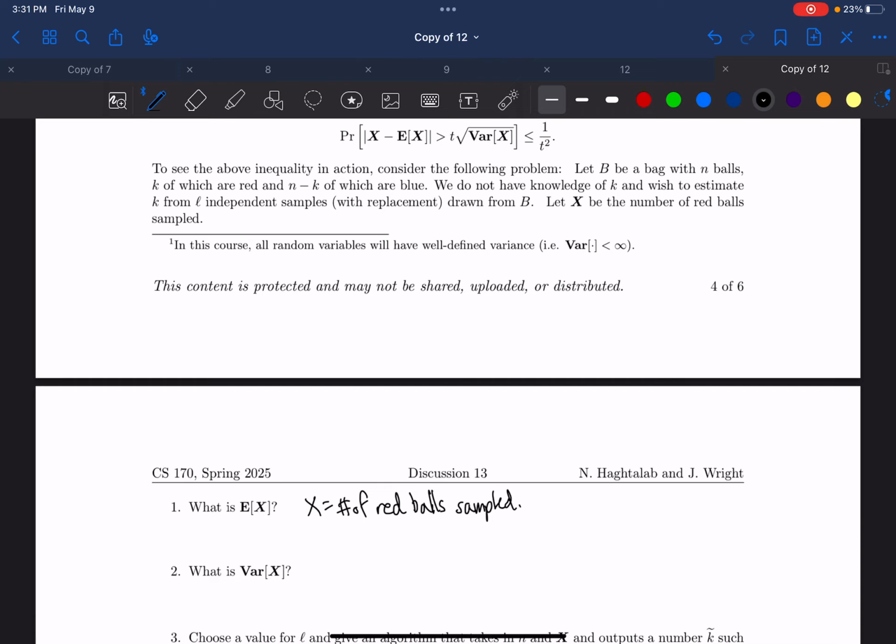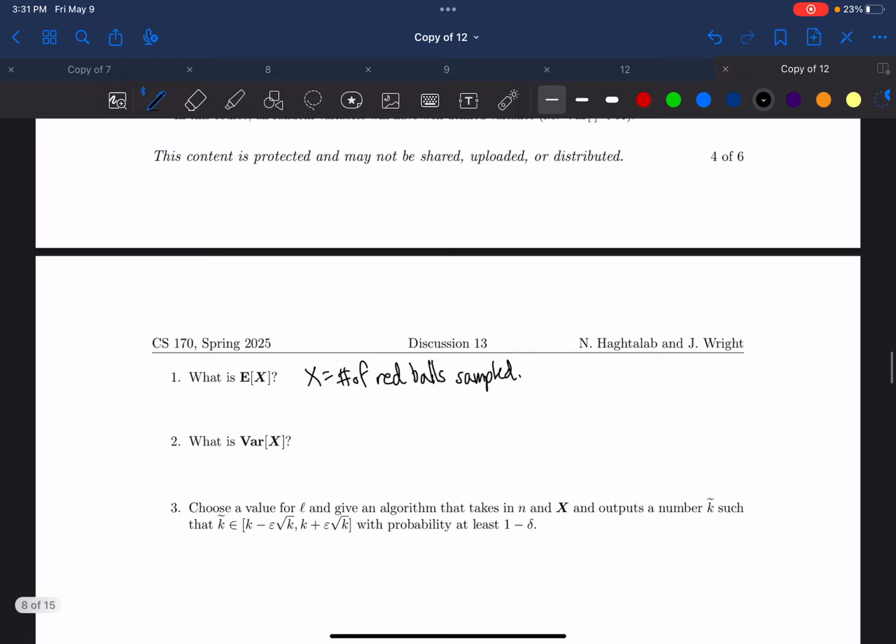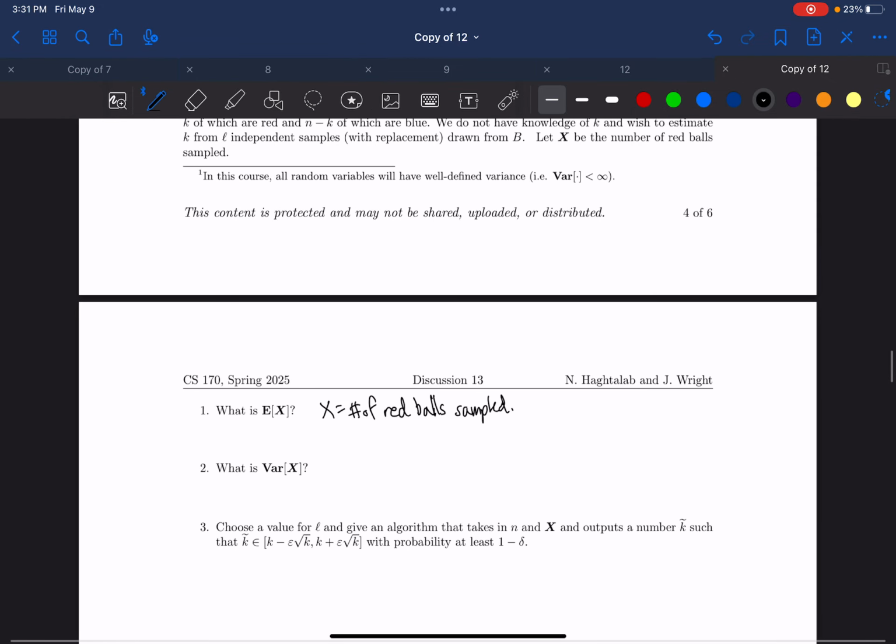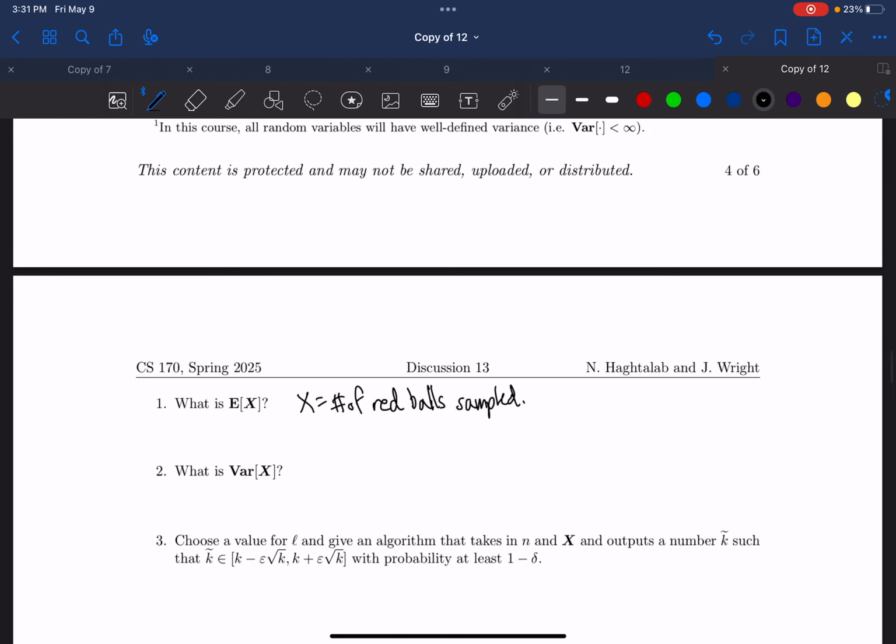And the probability of any x, right? So we can use linearity of expectation here since it's hard to get all of the balls. We can say E of x is equal to the value of E of x1 plus x2 plus x3 ... And essentially what we can say is that each of xi is a Bernoulli, where it's going to be 1 if red ball and 0 if not.